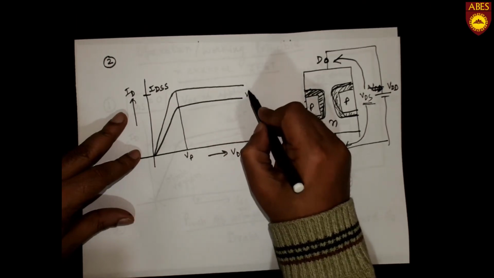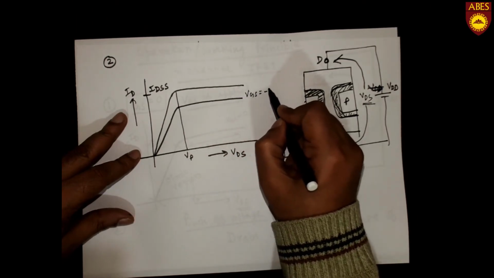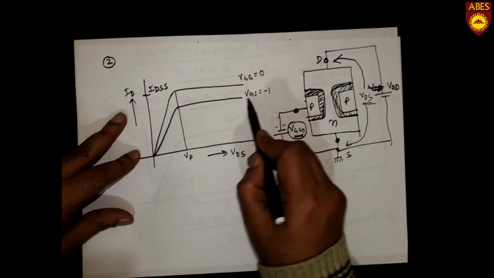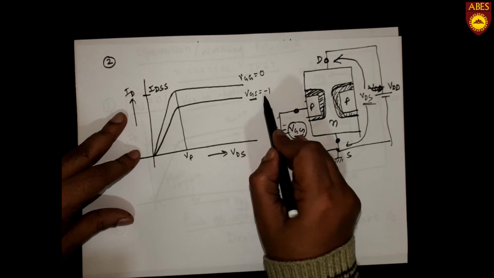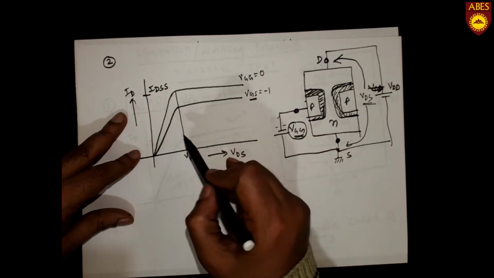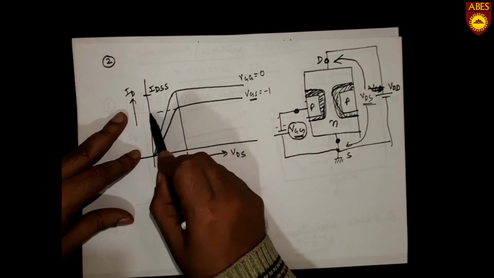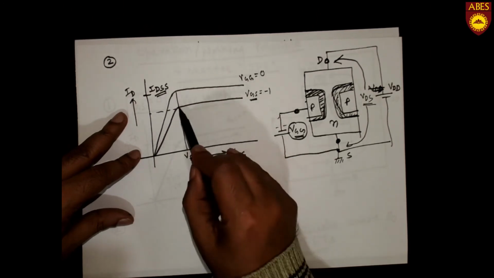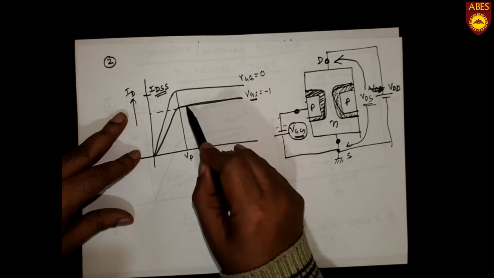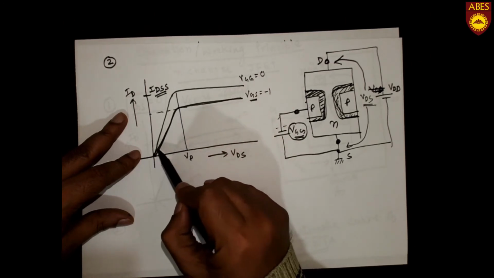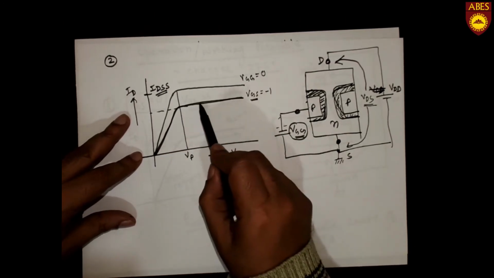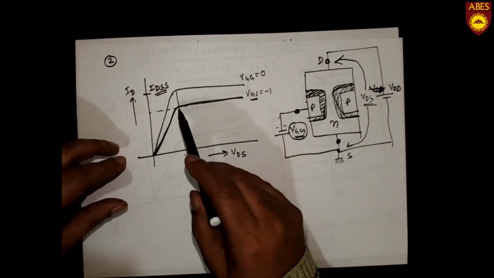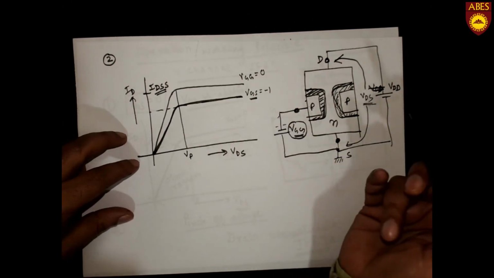That was under the condition VGG equal to 0, and when some VGS is applied, the drain source saturated current, the maximum drain current, can be drawn like this, and its value is less than IDSS.